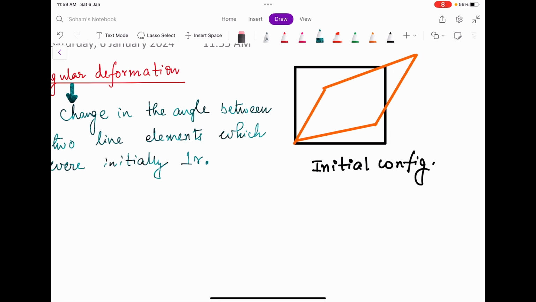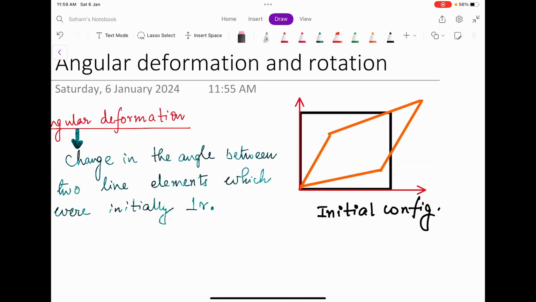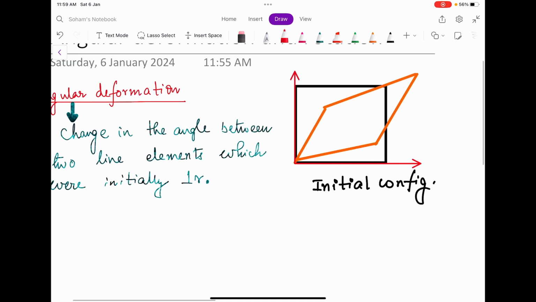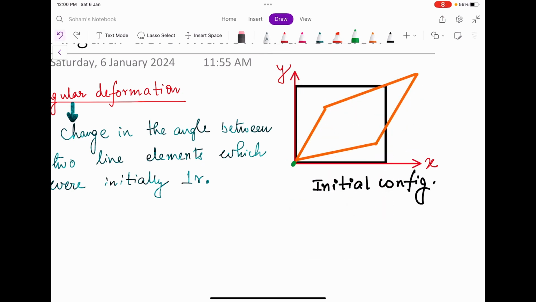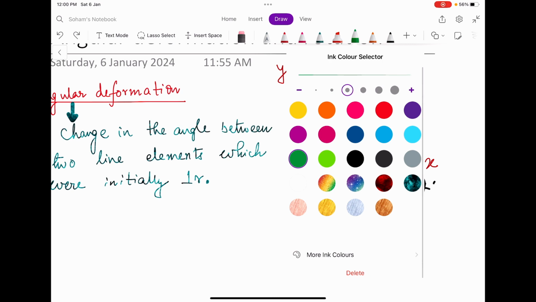Now let us consider that here we must make the axis. Maybe this is the axis. So this is x and this is y, right? At this point, let me give it some name.